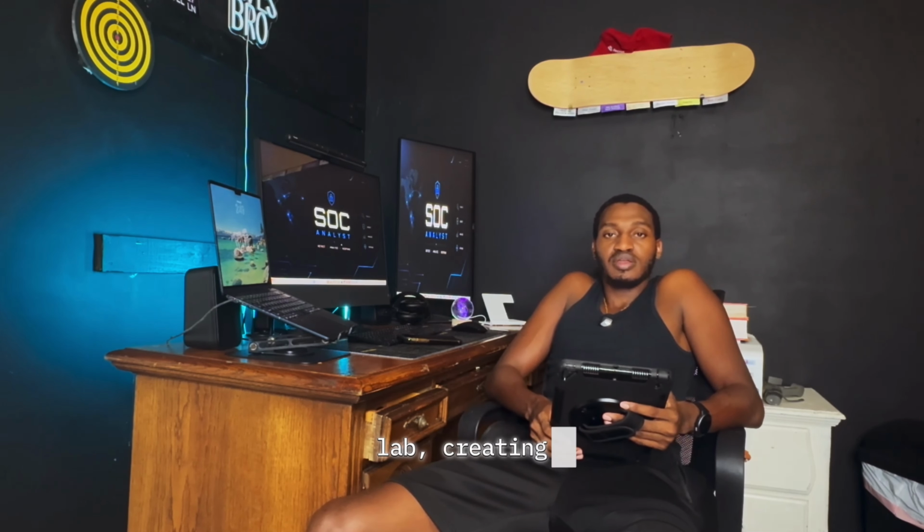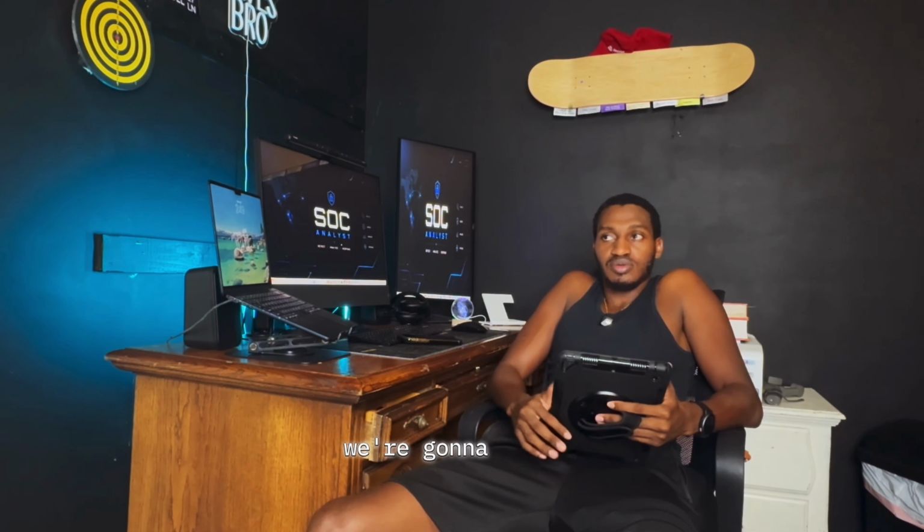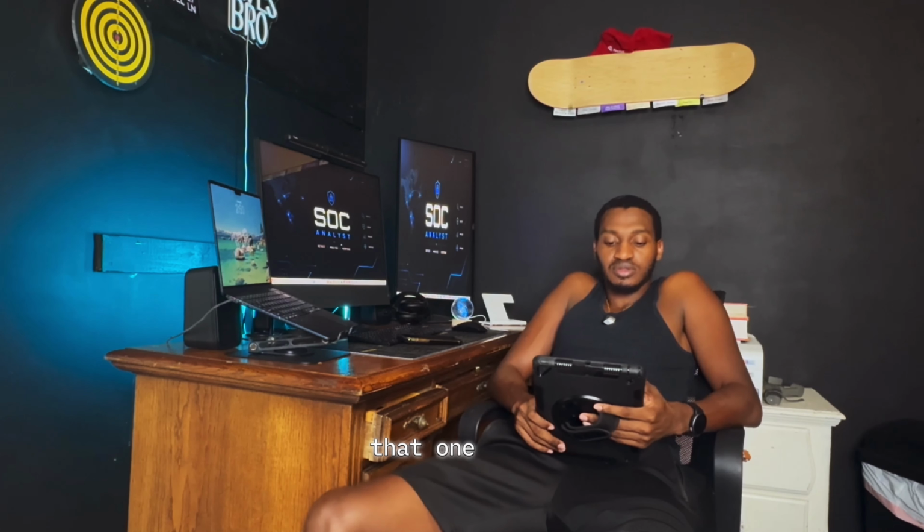I'll do a walkthrough lab creating a honeypot where we're going to deploy a fake system, a fake computer, and open it to the public, open it over the network and open all the ports. And we will see brute force action in real life. You will see attackers trying different passwords to access your system. We're going to build that one soon.